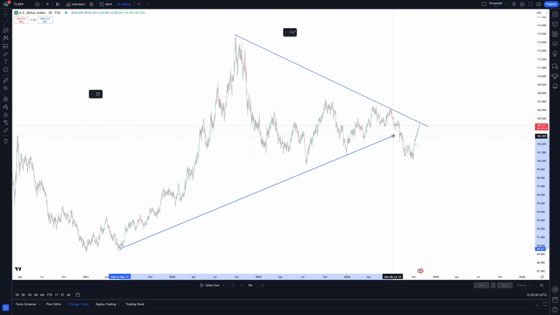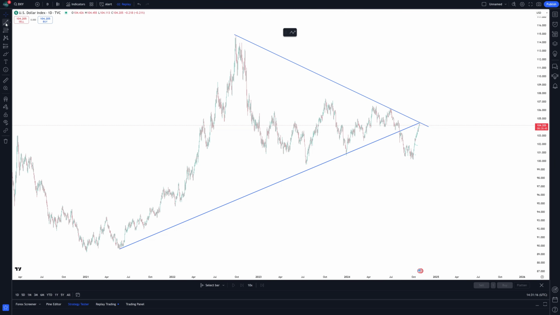See that? If I draw a line here, what it did, it broke down decisively this past August below the support, and it came down, went back up, and it got rejected, and boom, down 500 points, right to around 100. And at 100, it has a solid support.